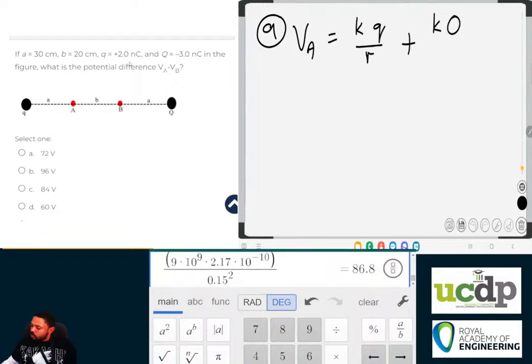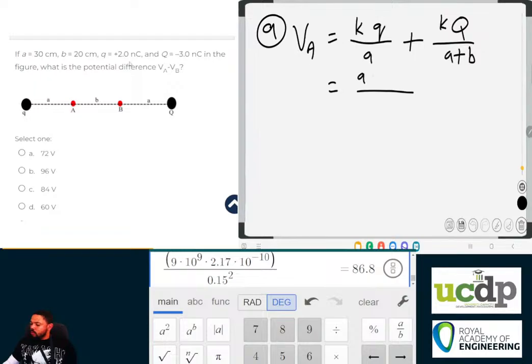Now, let me just write the correct distances. The potential due to charge Q is a distance of A away, while the potential due to charge big Q is a distance of A plus B away. Now let's substitute in all the values. I'll sub in K, which is 9 times 10 to the 9. The charge of Q is 2 nanocoulomb.